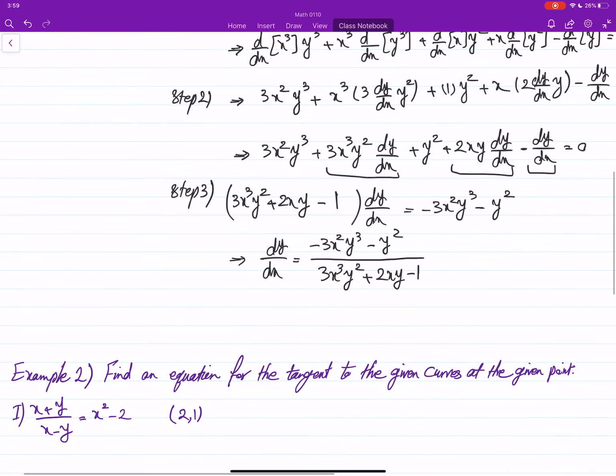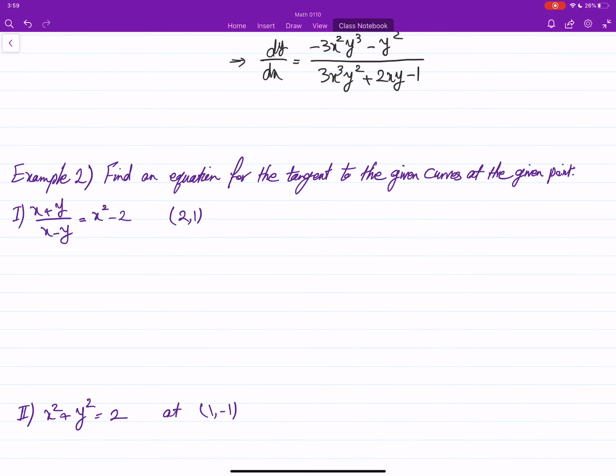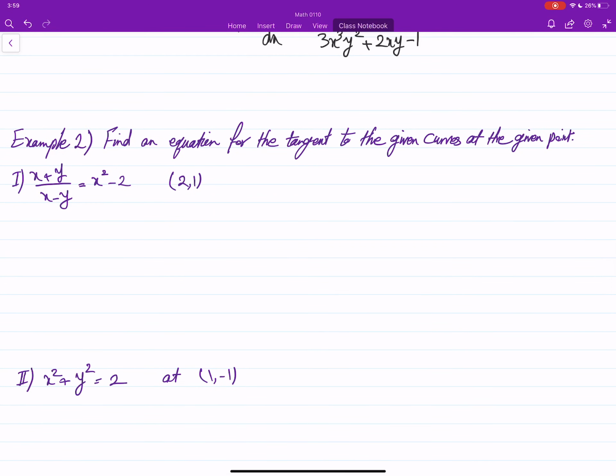Okay, there's part 2 of this example, which says find the equation for the tangent line to the curve given by the equation. Remember for the tangent line, m is basically dy/dx, the derivative, when x is 2 and y is 1, and the point is (2, 1). If we find that, then it's done.